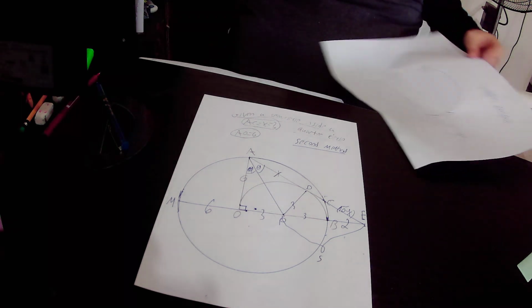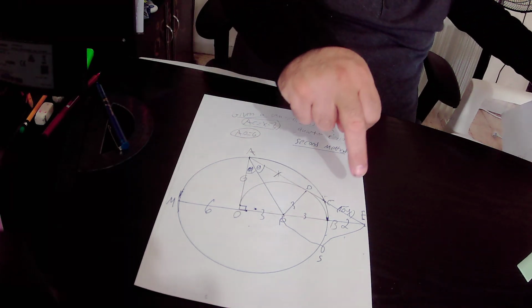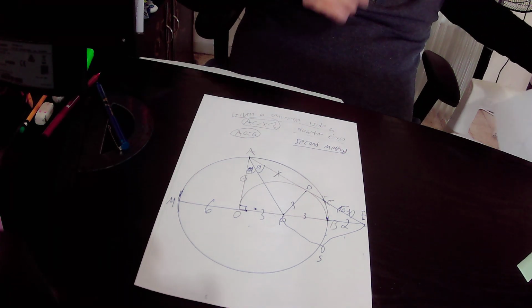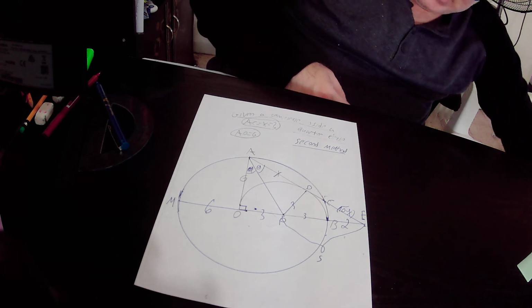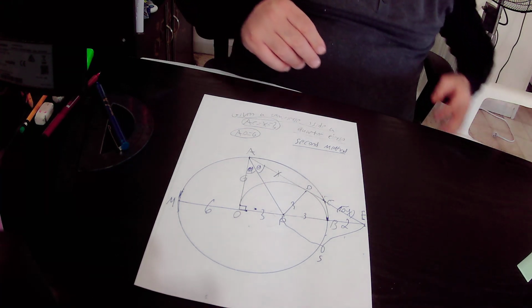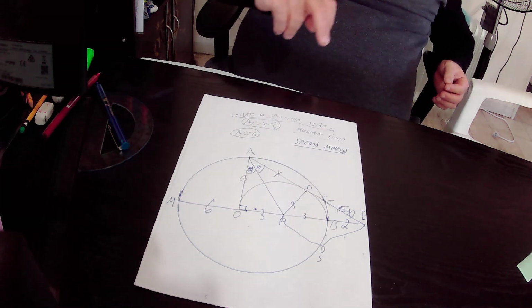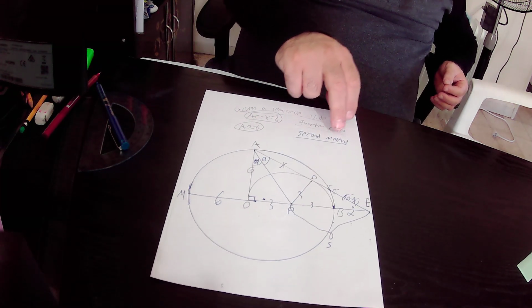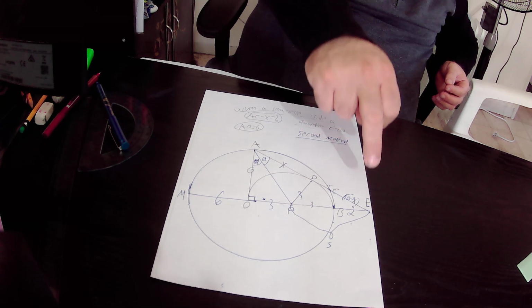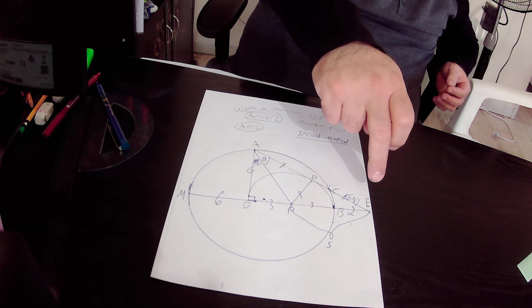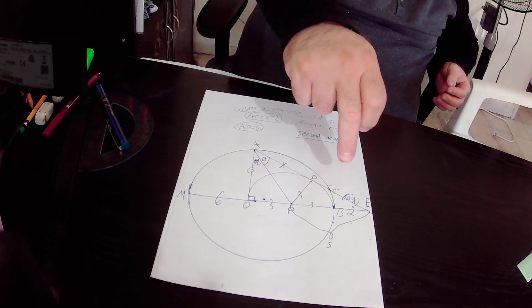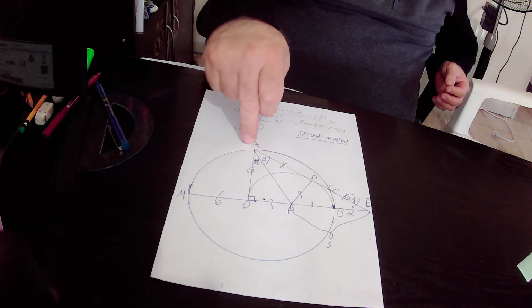Why? Because here we have the external point E. Before that, we made the construction: we completed the quarter circle to a circle, and in this way we created the external point E. From the external point E, we have the first chord that is called CA.